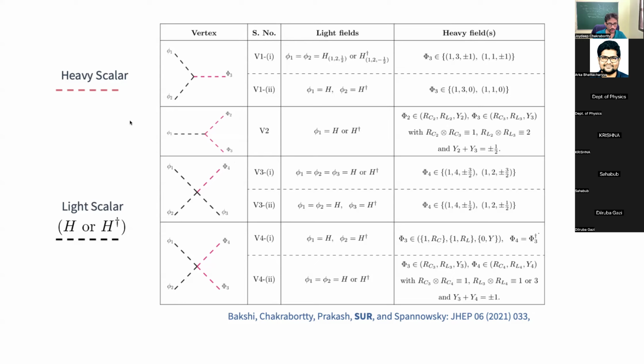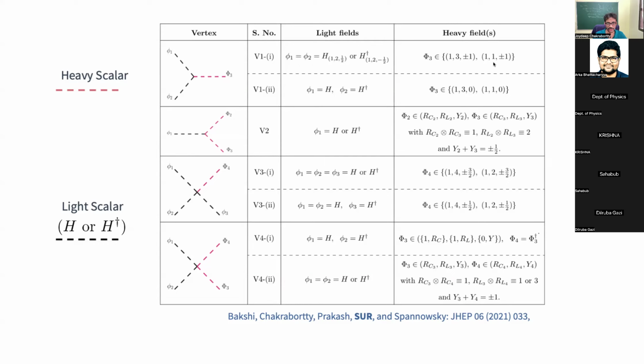So now, once you fix the quantum numbers of these light fields, the vertex needs to be invariant under the standard model gauge symmetry. Then automatically the choice of the quantum number of these is fixed. For example, if phi 1 and phi 2 are Higgs H or H dagger, then basically your phi 3 becomes this.